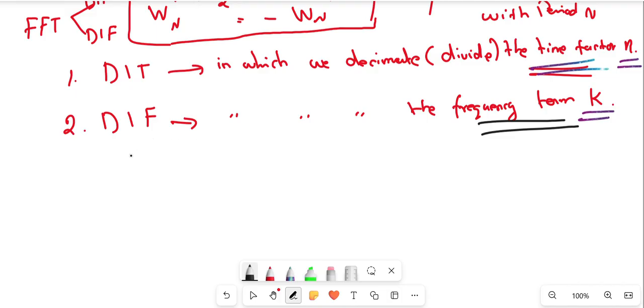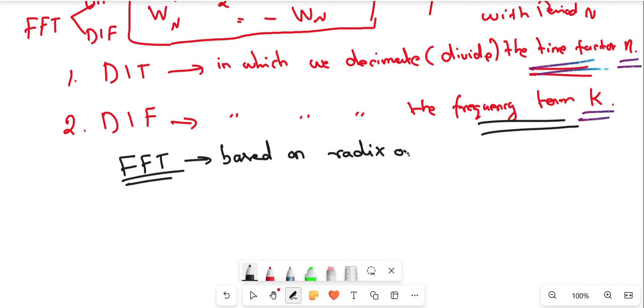This is a general concept: the FFT algorithm is based on the radix, or base, on which the algorithm is developed.